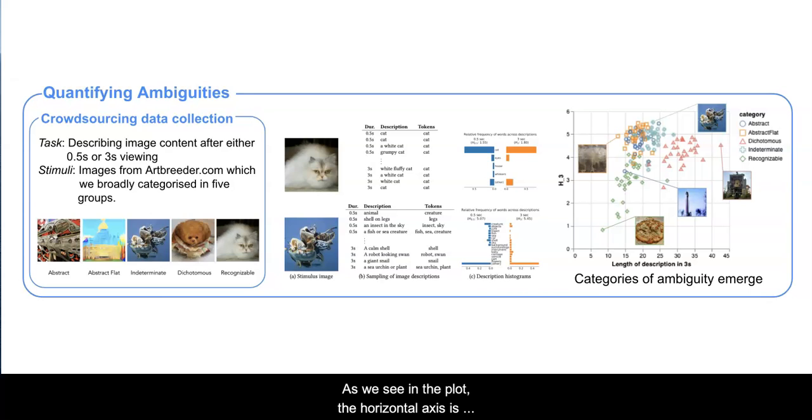As we see in this plot, the horizontal axis is description length after 3 seconds viewing time, and the vertical axis corresponds to entropy. Recognizable images are mostly found at the bottom left corner, while indeterminate images have higher entropy. Interestingly, descriptions for dichotomous images tend to be longer than for the others.